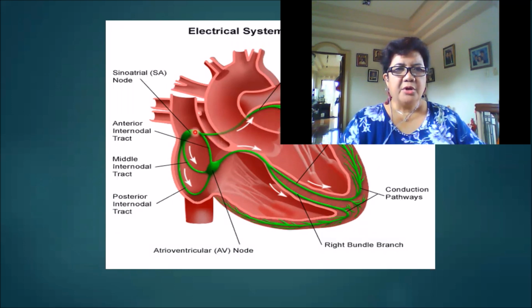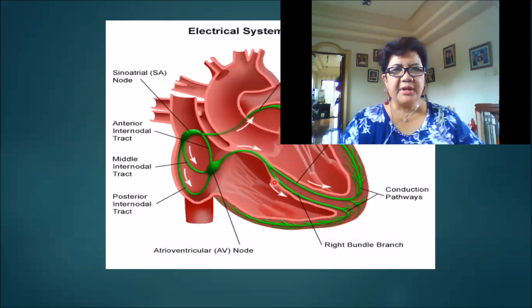Now, most of the signal will go to the atrioventricular node, or your AV node, which will be distributed by your AV node to your bundle branch, or the interventricular bundle.